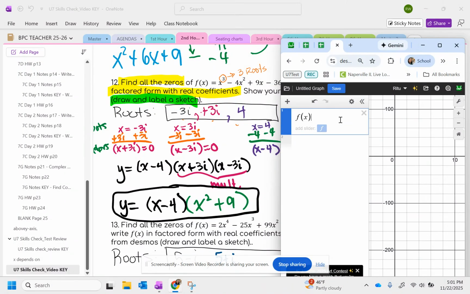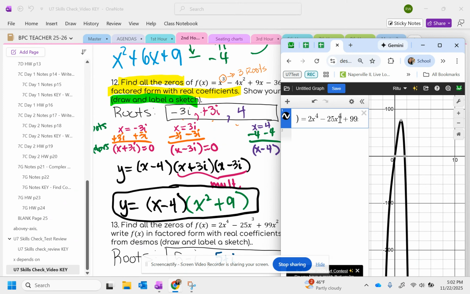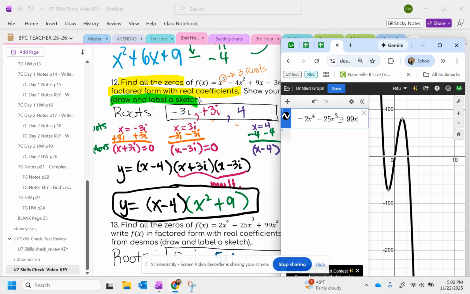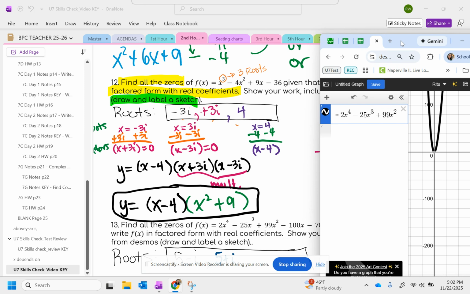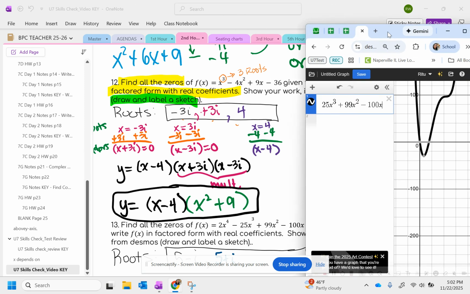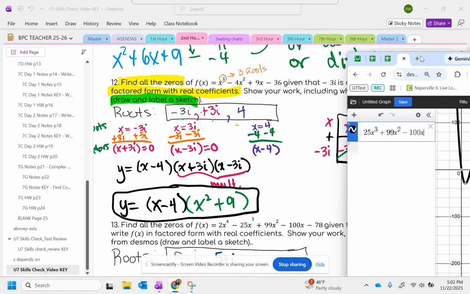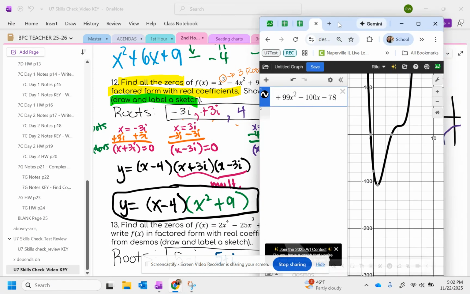And we have f of x equals 2x to the fourth minus 25x to the third plus 99x squared minus 100x and minus 78.